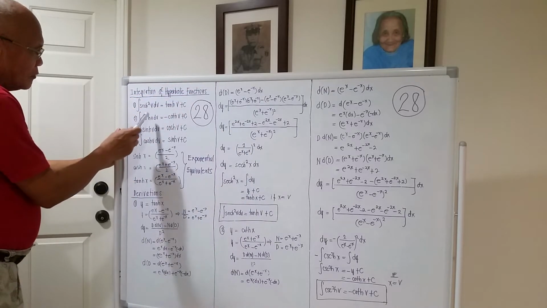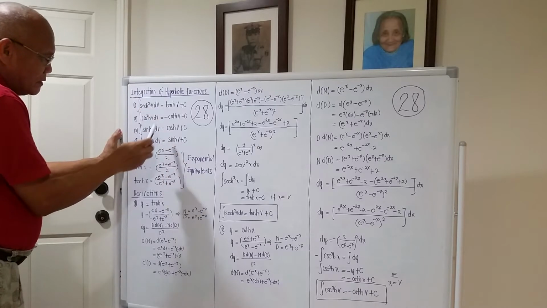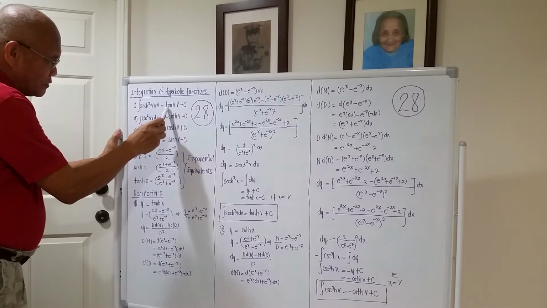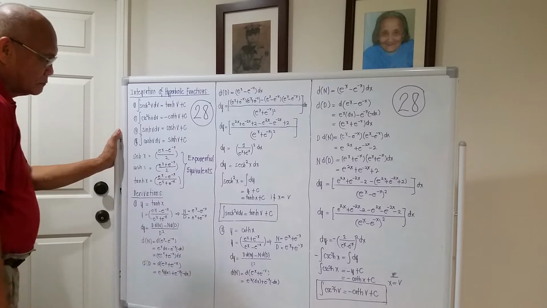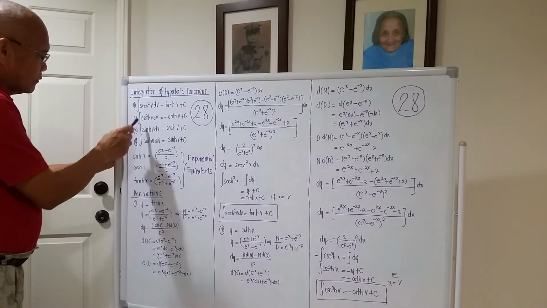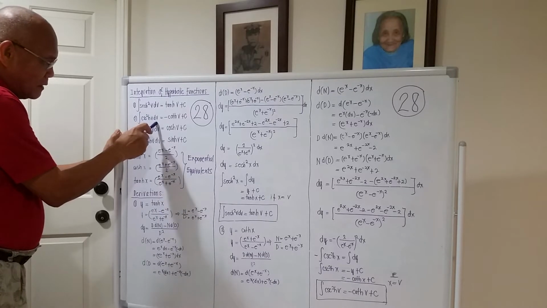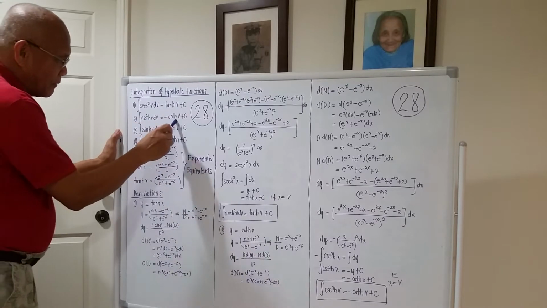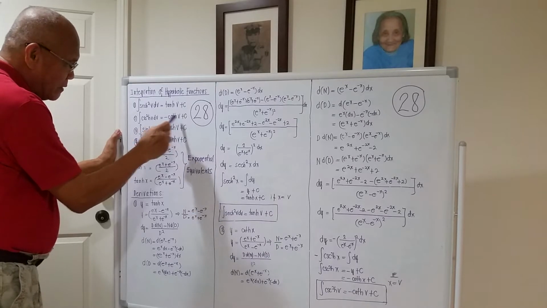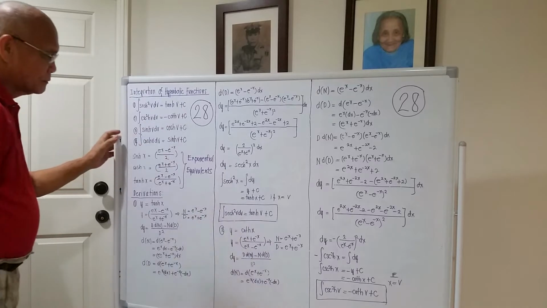The integral of hyperbolic secant square of b dv equal to hyperbolic tangent of b plus c. Second, the integral of hyperbolic cosecant square of b dv equal to hyperbolic cotangent of b preceded by negative sign, plus c.